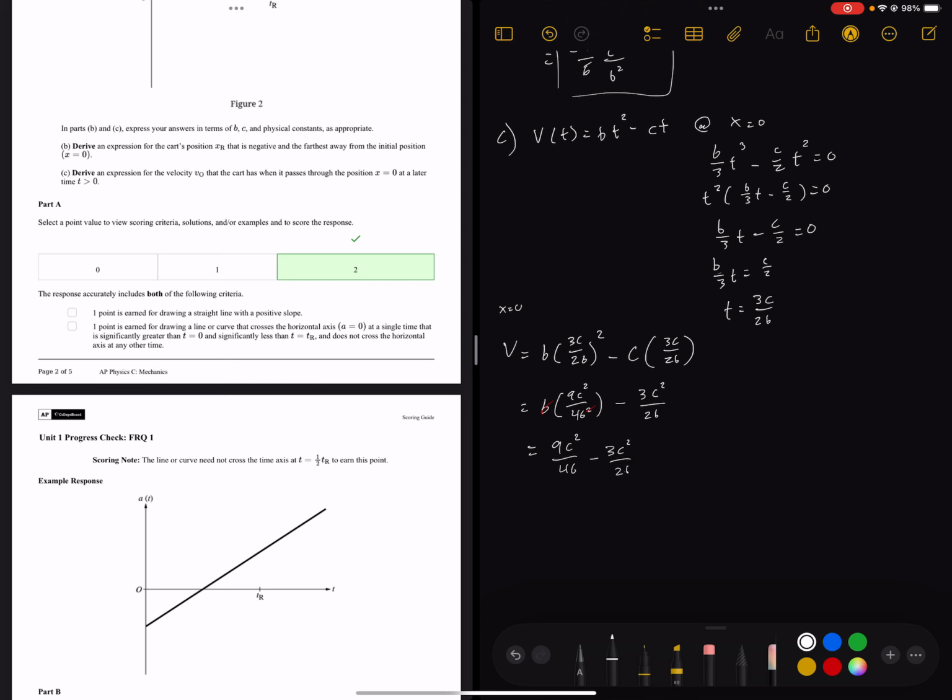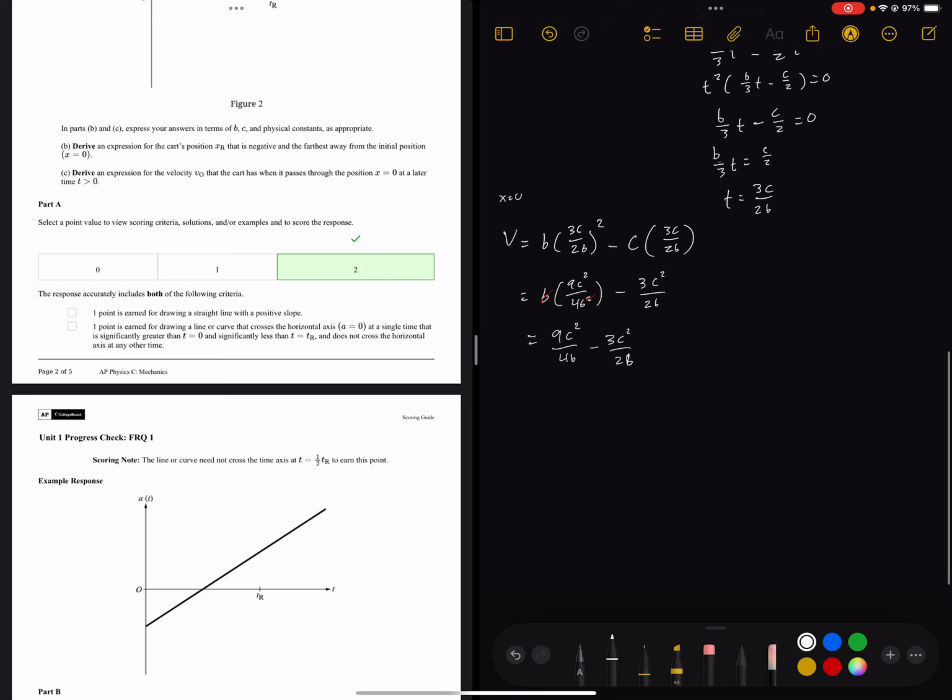So we need to have common denominators. My common denominator is going to have to be 4b. So I'm going to multiply the fraction 3c squared over 2b by 2 over 2. It's the same thing as 9 over 4 minus 6 over 4.